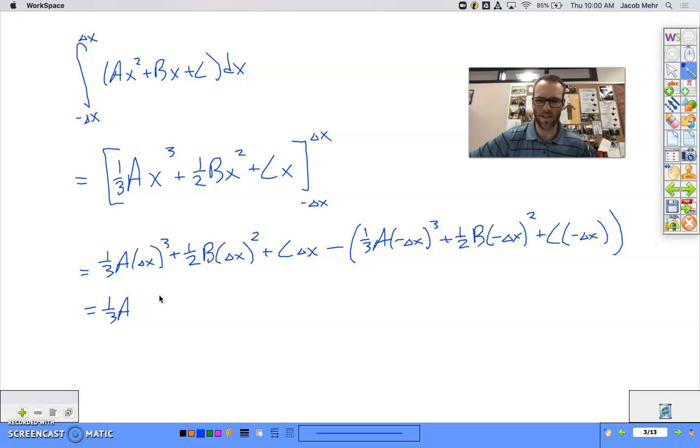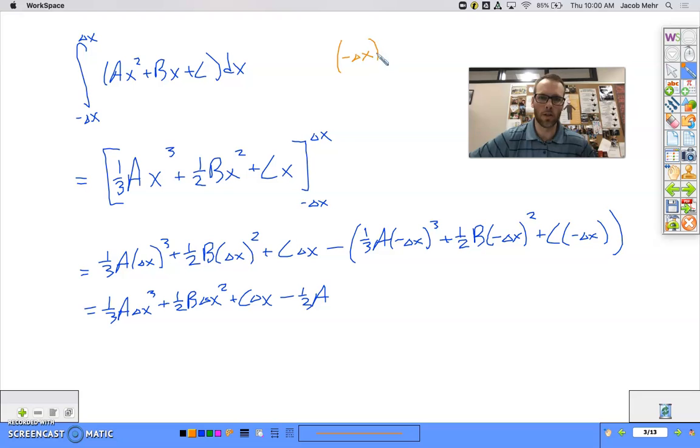There aren't any just x's in here, so I'm going to save myself some parentheses and just write Δx³ like that. Okay, now what's going to happen here? We have a minus 1/3 a. What happens when I take negative Δx and I cube it?